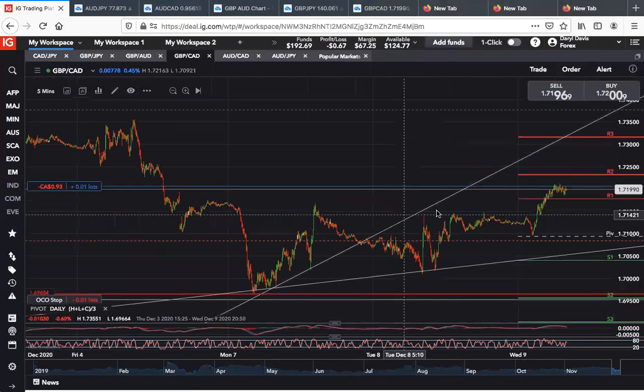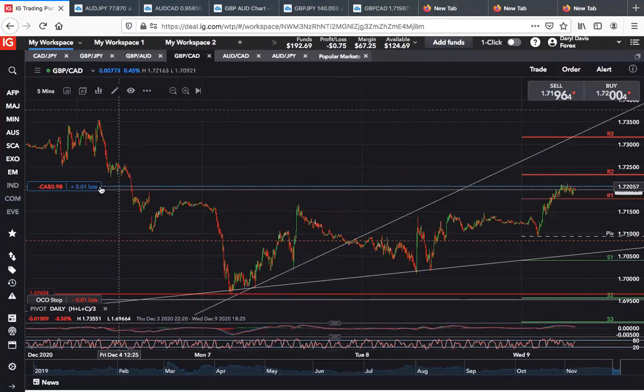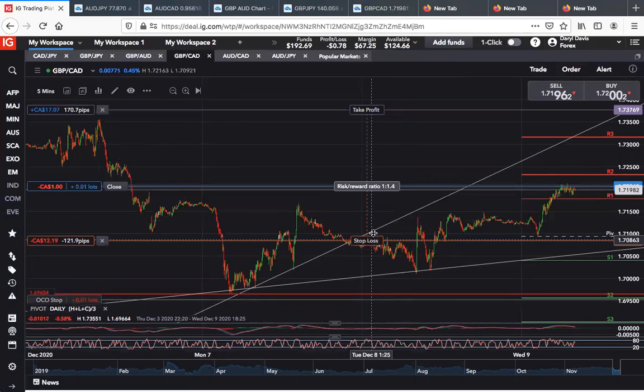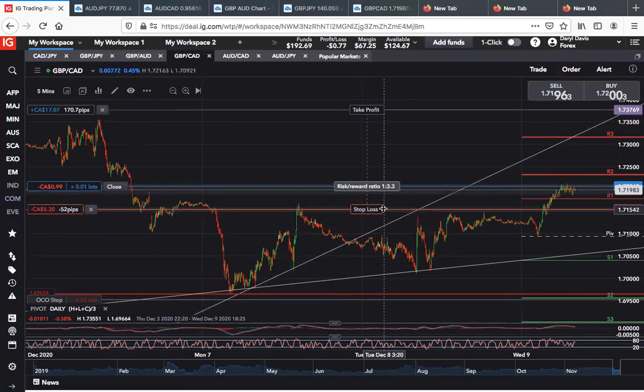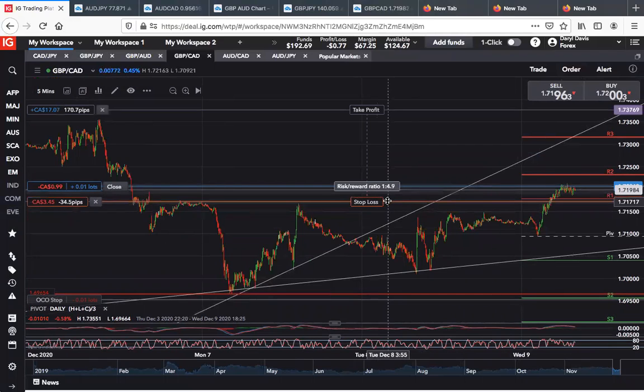All right. If this level holds, if this R1 level holds, okay, I really should put the stop there, to be honest, because I don't want this level to break. But I'm going to put it right here.